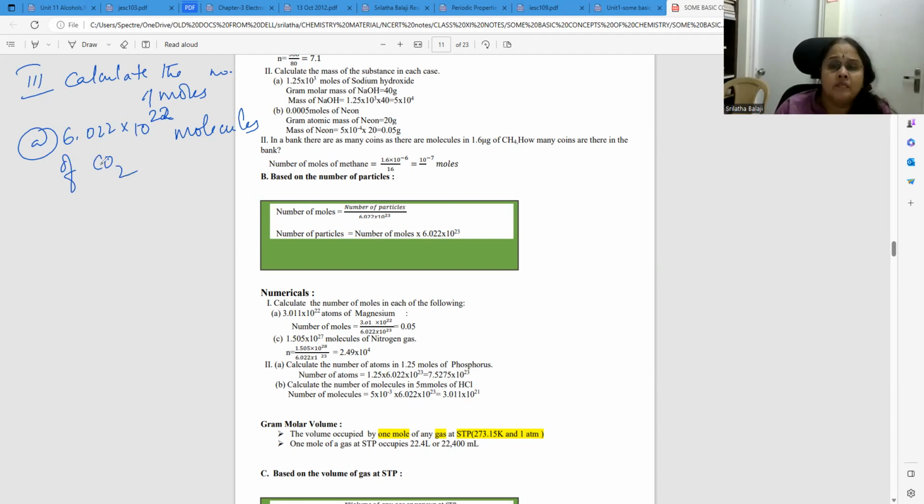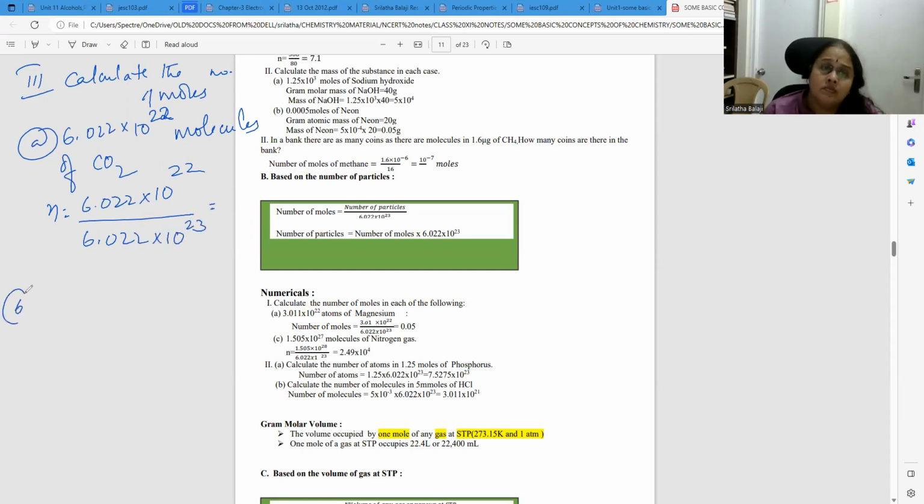So how many particles are there? 6.022 into 10 power 22 divided by Avogadro number. So how much is it? What is N?